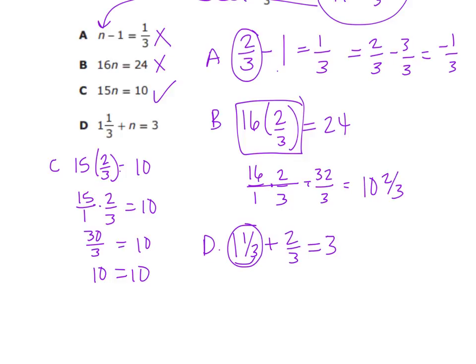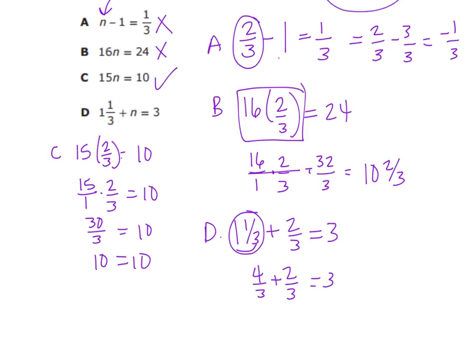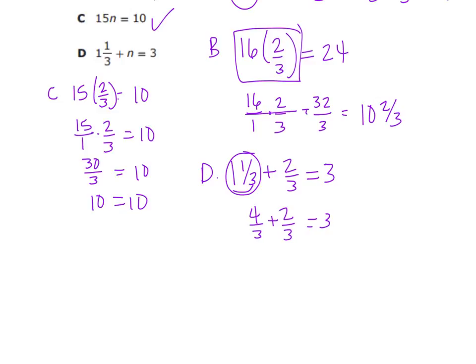So it would be 4/3 plus 2/3, and we're hoping that equals 3. 4/3 plus 2/3, our denominators are the same, so we can just add them, is 6/3 equals 3, and this would simplify down to 2 equals 3, which it doesn't, so then we're going to use that inequality sign.